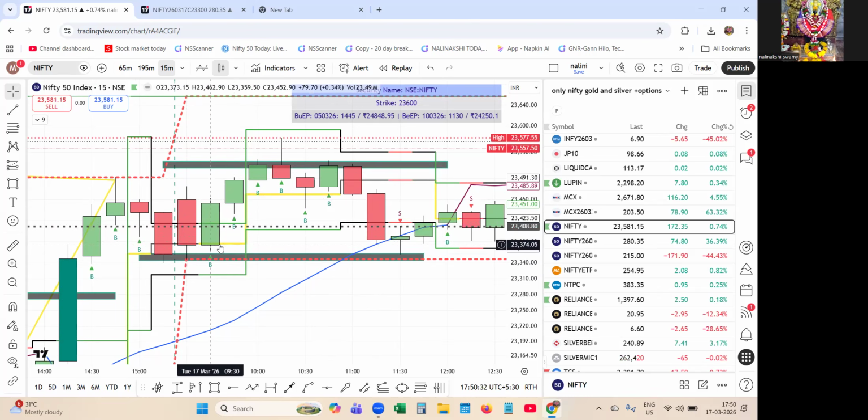The market established balance over here and it is the support. So I got some idea. This is the support, the pivot from where the market established its balance.